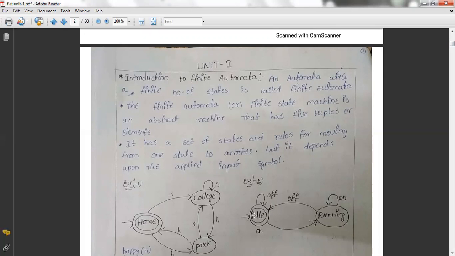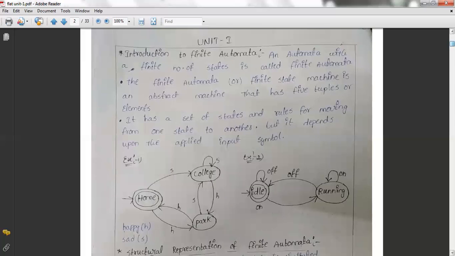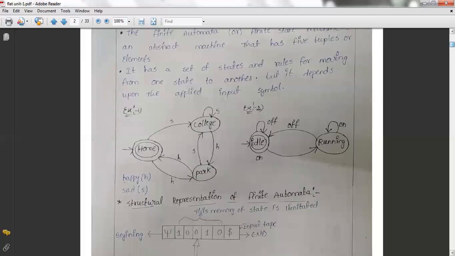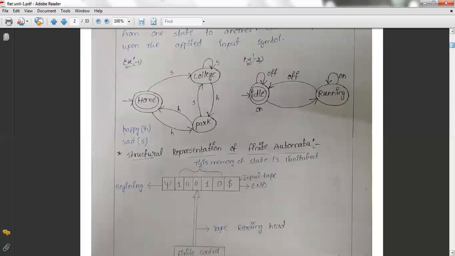When it is in the idle state, it has only the off symbol here. That is an example of how we take the finite automata. So what is meant by finite automata? It consists of a set of states, which are a finite number of states.